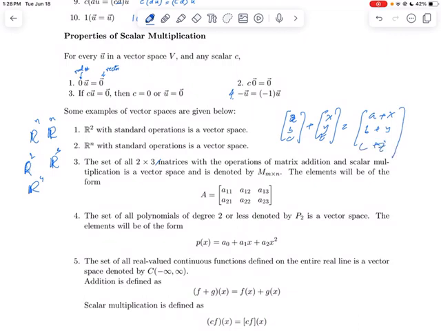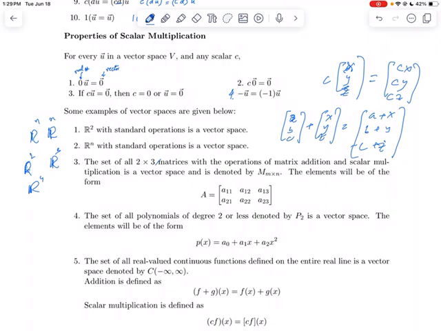This is the usual addition defined in vectors, and the scalar multiplication will be that c times (x, y, z) will be equal to (cx, cy, cz). So this is the standard vector addition and scalar multiplication we know.